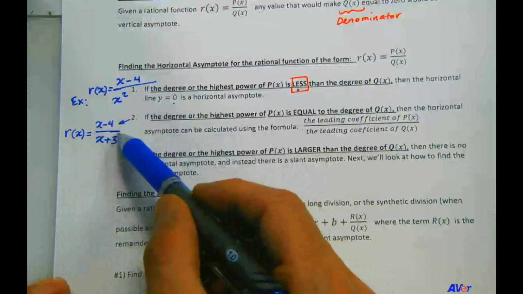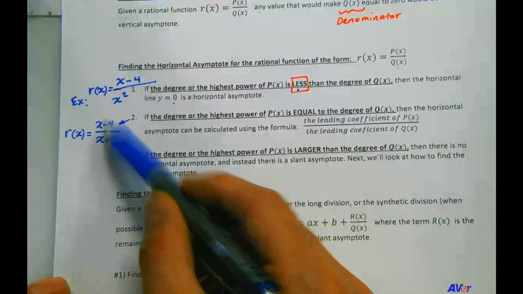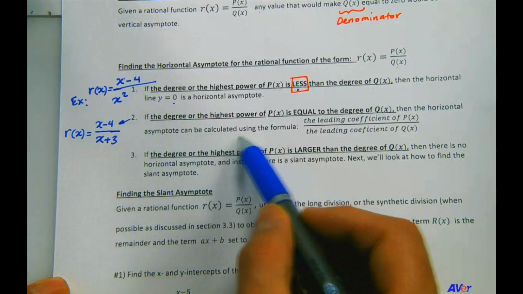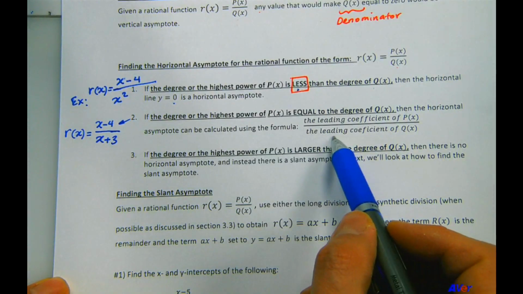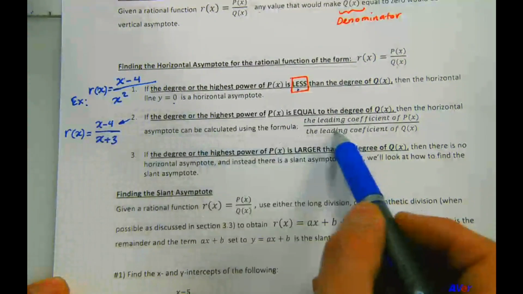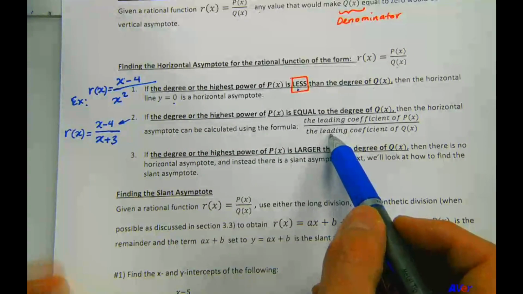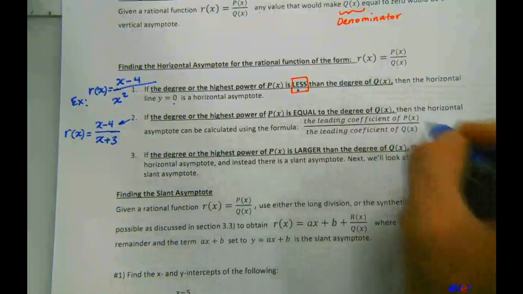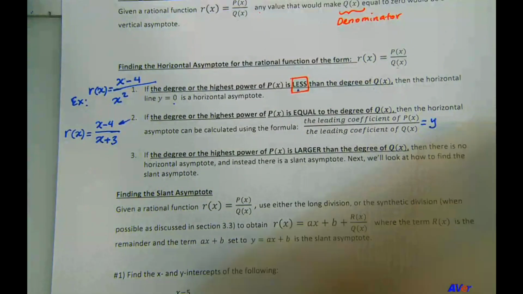But what happens now that the degrees are equal? Well, the asymptote can be calculated using this formula. If the degrees are equal, this is the formula to calculate where the horizontal asymptote is. So this is basically what all of this formula is equal to y.